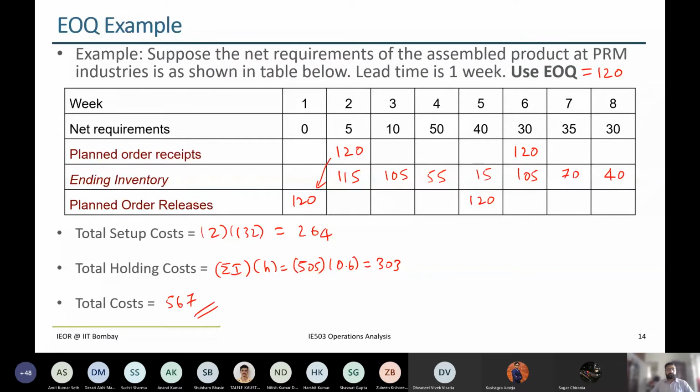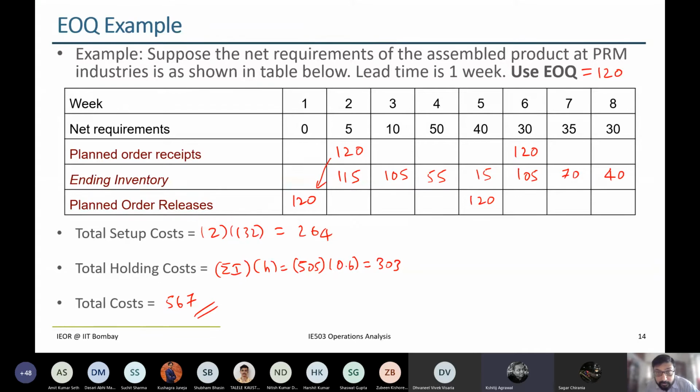Any questions so far? Kshitij here. Yeah. Sir, in calculating the average for a week, I'm not getting that quantity 32.5. As I see the total in 8 weeks.